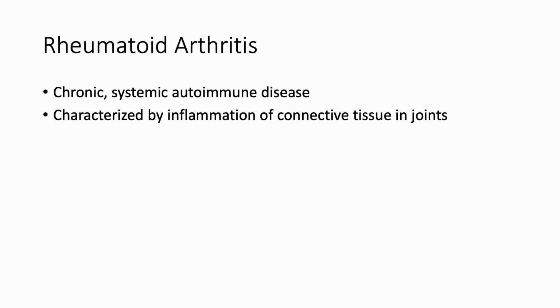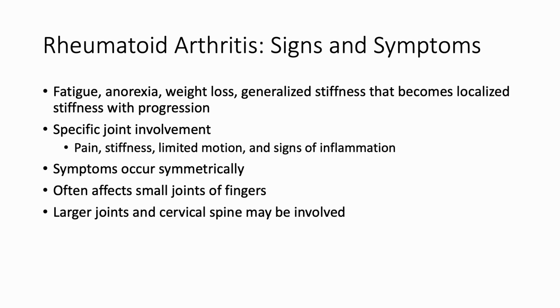Rheumatoid arthritis. This is a chronic systemic autoimmune disease. It is characterized by an inflammation of connective tissue in the joints. Signs and symptoms include fatigue, anorexia, weight loss, generalized stiffness that becomes localized, and stiffness that progresses.